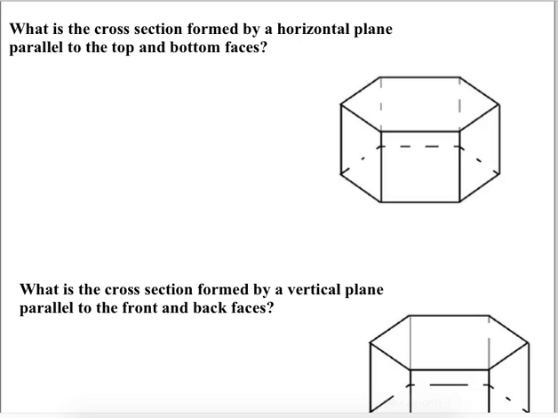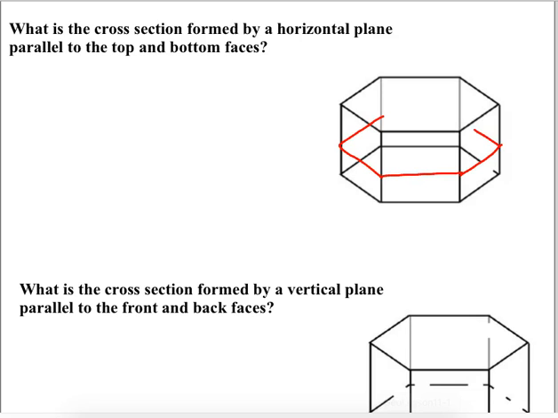Okay, then we're going to get a little fancy here. It says, what's the cross section formed by a horizontal plane parallel to the top and bottom faces? Okay, here's your top, and here's your bottom. So you've got to think you're cutting parallel between them, so you're not going to touch your top and bottom. So again, I'm going to try to draw my plane here, and then I'm going to be cutting it like this.